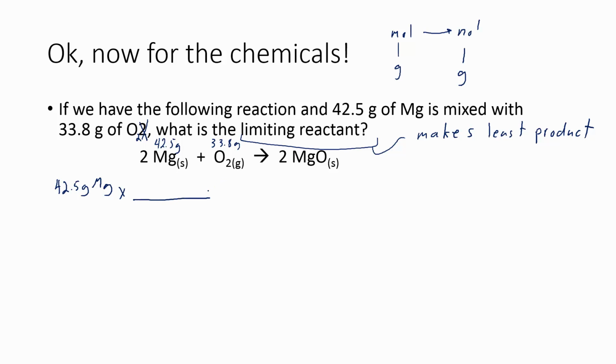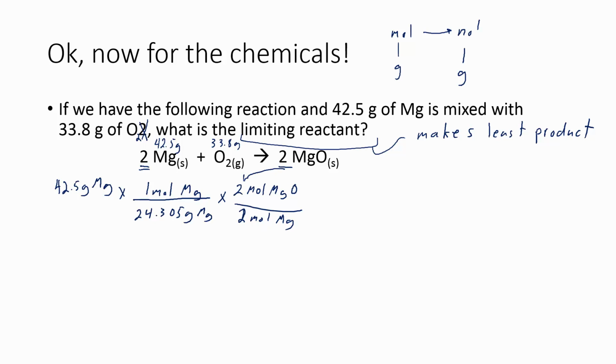On the periodic table, we see that we have 24.305 grams of magnesium for every 1 mole of magnesium. Good. And now we have 2 moles of magnesium oxide for every 2 moles of magnesium.